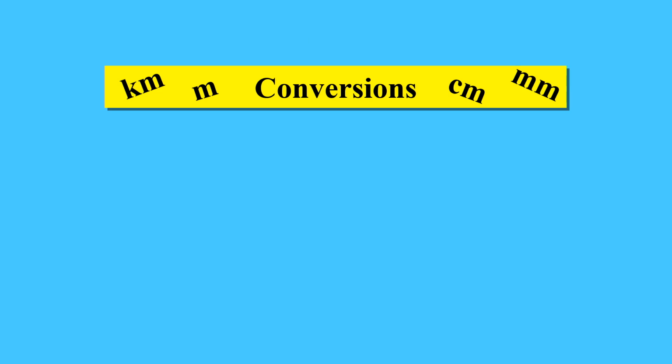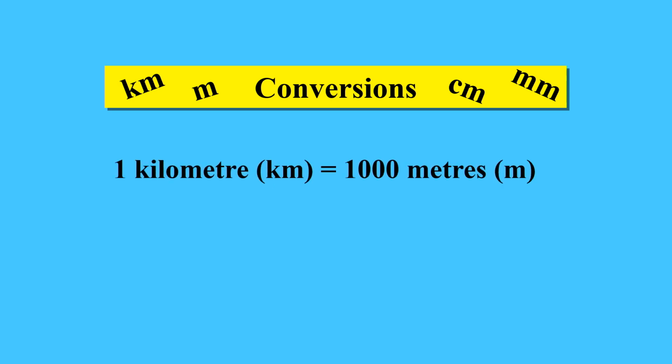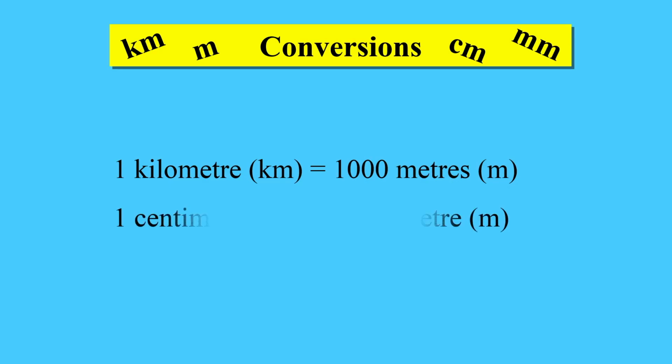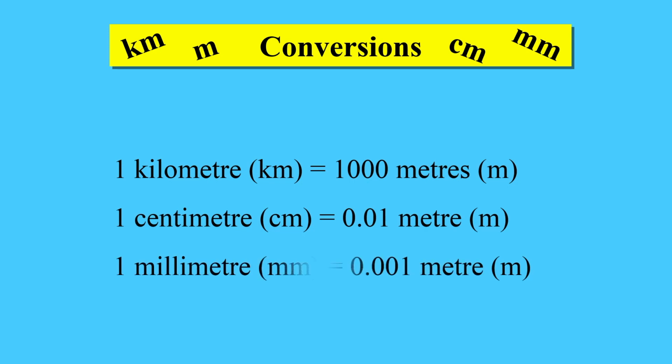Here we see how to convert from subunits to meter. 1 kilometer is equal to 1,000 meters. 1 centimeter is equal to 0.01 meter. 1 millimeter is equal to 0.001 meter.